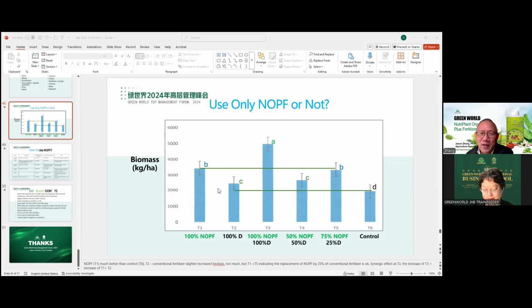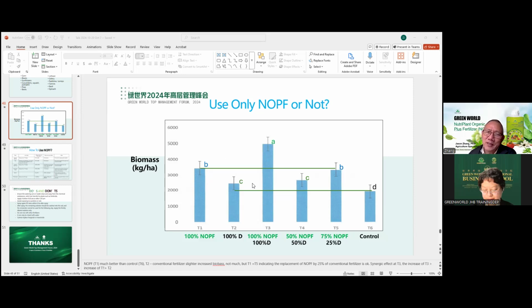You see, you can add NOPF and it gives you a lot of increase in your yield. If you put 100% NOPF plus 100% conventional fertilizer, you have a much higher yield.